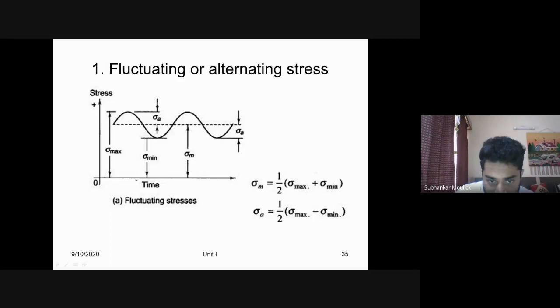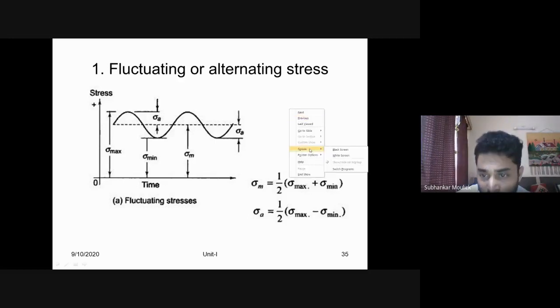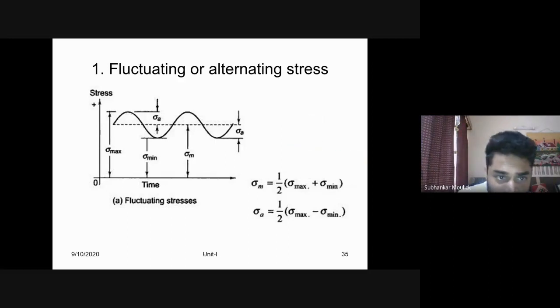From the x-axis, or origin, to the minimum peak point of the curve is the minimum stress. The portion of the stress above or below the mean stress line is known as amplitude stress. This is your amplitude stress above the mean stress line, and this is your amplitude stress below the mean stress line.